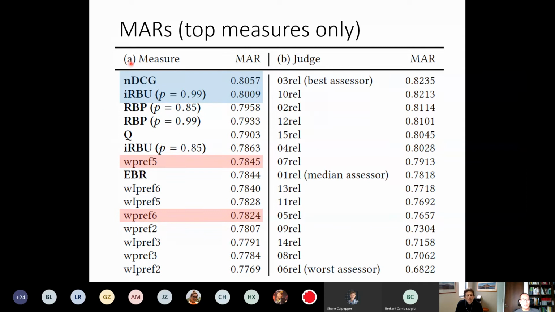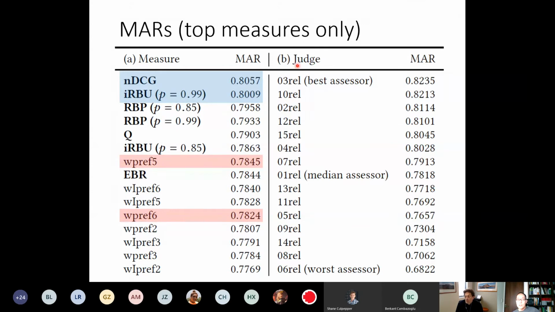So this column shows the actual evaluation measures. The ones in bold are traditional evaluation measures based on absolute graded relevance, and the other ones are preference-based measures. And on the right, we have the 15 judges evaluated as if they were just another evaluation measure.